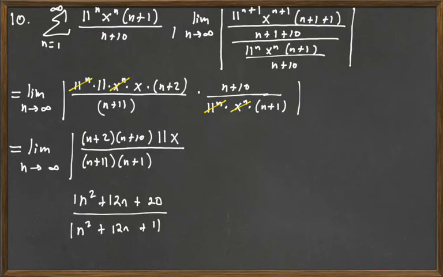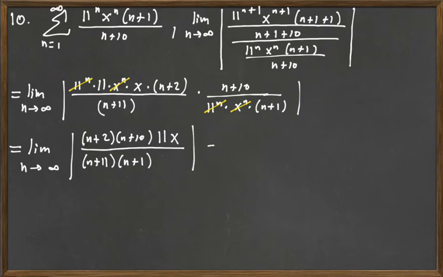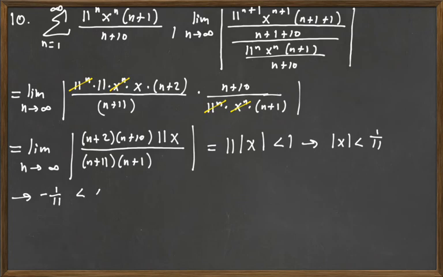So the quotient of the leading coefficients is going to be 1 over 1. We have a tie in degrees, so that part is just going to go to 1. So our limit is going to be 11 absolute value of x, and that needs to be less than 1. So the absolute value of x must be less than 1 over 11. So negative 1 over 11 is less than x, which is less than 1 over 11.